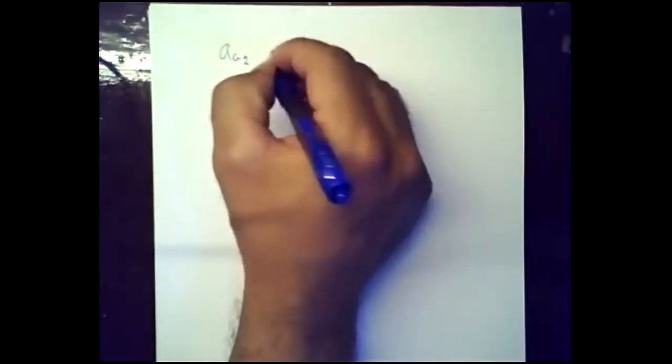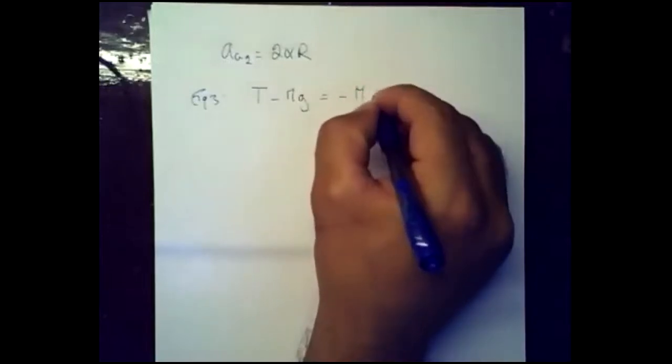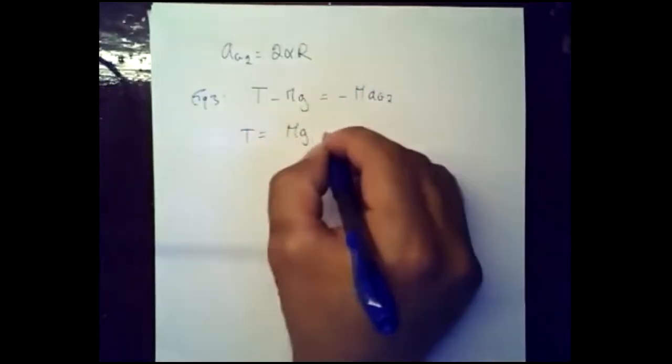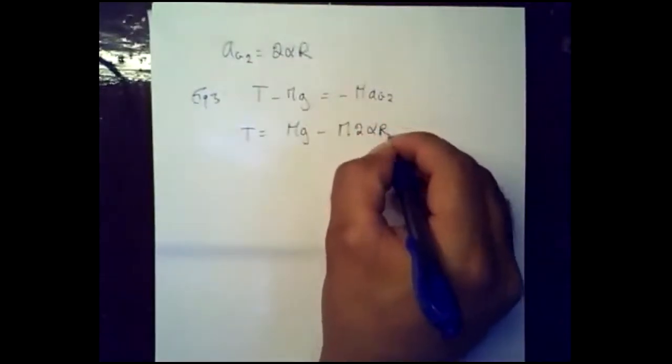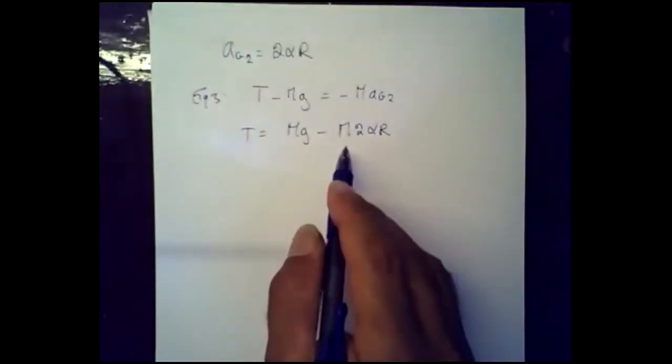So we said here AG2 is equal to 2 alpha R. And from equation 3, we know T minus mg is equal to minus m a G2. So T is equal to mg minus m a G2, which is equal to 2 alpha R. So that is one equation.